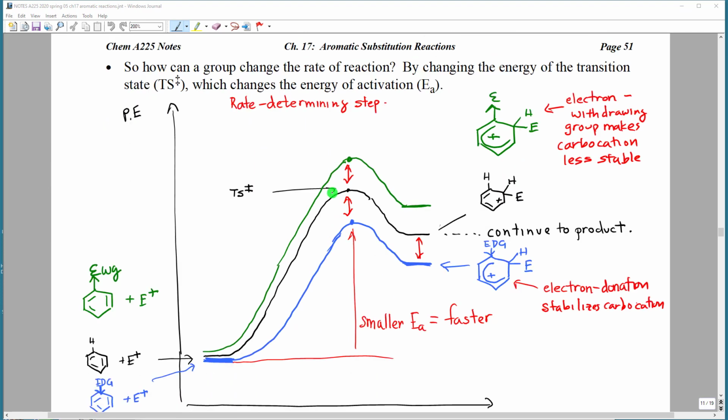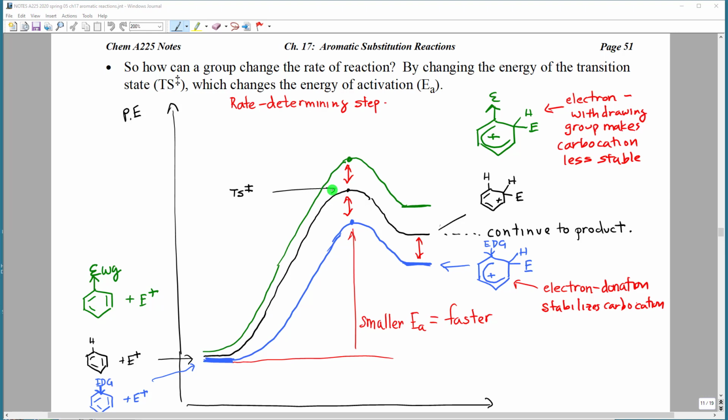Now, how can this occur? Well, when we looked at the reaction energy profile earlier in this chapter, we saw that the first step is the rate determining step. So in order to make the reaction faster or slower, something must be occurring to the transition state of the rate determining step.